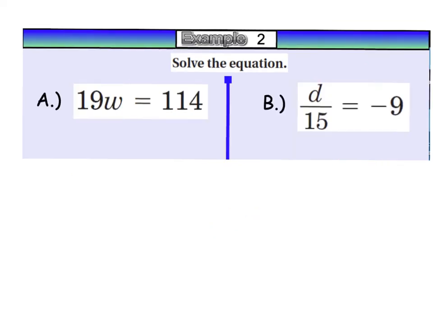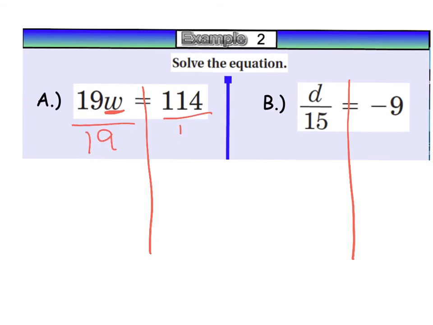Let's do a couple easy ones. Here we go. Put our line down the middle. Here's W, and they're multiplying by 19, so we're going to divide by 19. 114 divided by 19, W equals 6.